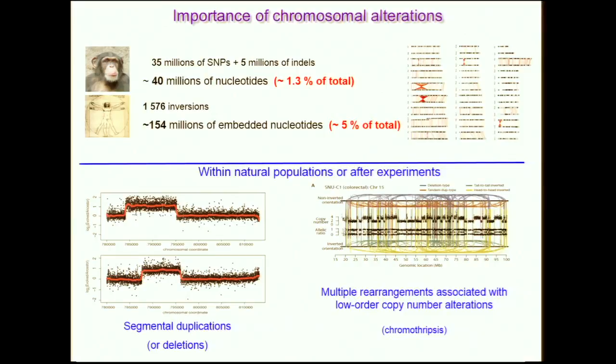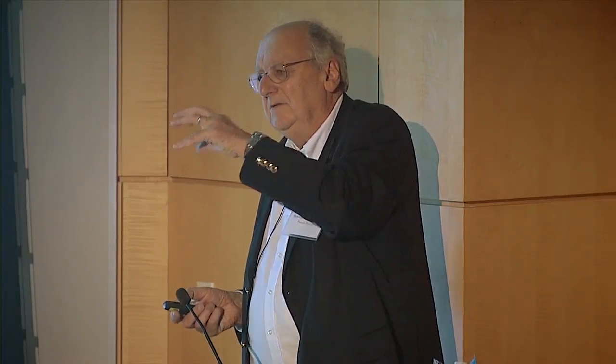And if you look in the literature, either in natural populations or after experiment, segmental duplications have been mentioned, and they are very frequent. And even in cancer, multiple rearrangements, this was already mentioned, I think, by Jim, occur. So chromosomal rearrangement is probably very important, in addition to single point mutation.